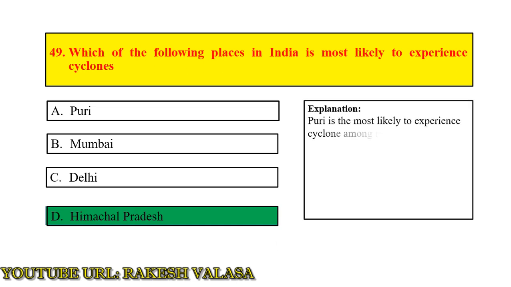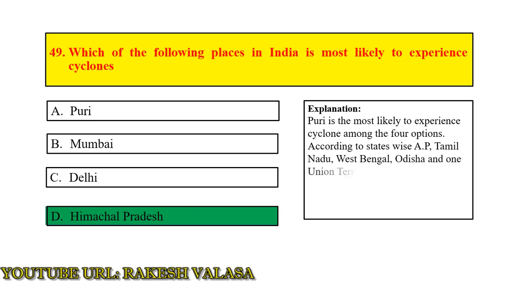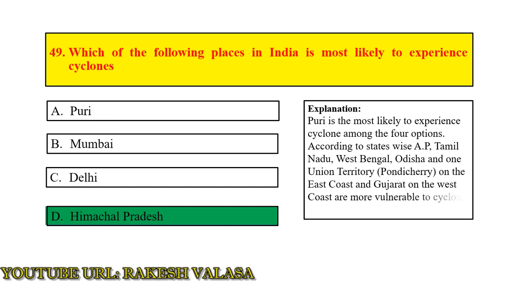Pune is the most likely to experience cyclone among the four options. According to state-wise data, Andhra Pradesh, Tamil Nadu, West Bengal, Odisha, and one union territory, that is Pondicherry, on the east coast and Gujarat on the west coast, are more vulnerable to cyclone disasters.